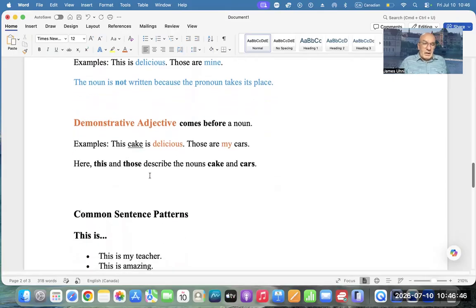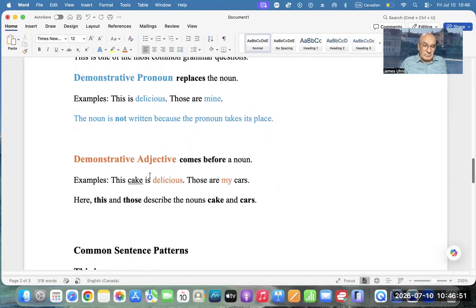I know it may sound difficult or complicated, but it is not. Trust me. Here, these and those describe the nouns cake and cars. So here, this and those. This is the cake and those are cars. Over here, the noun is not written.